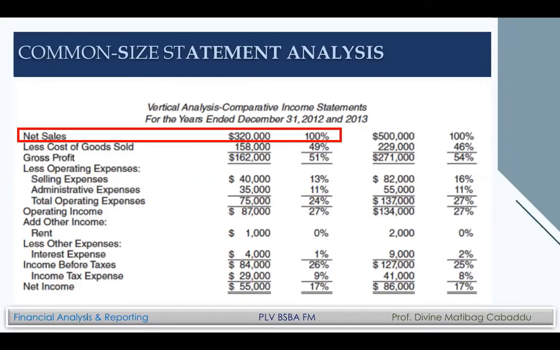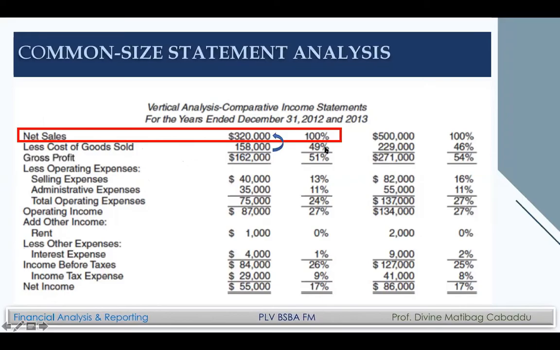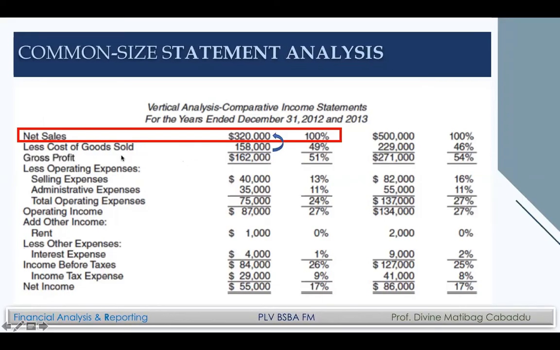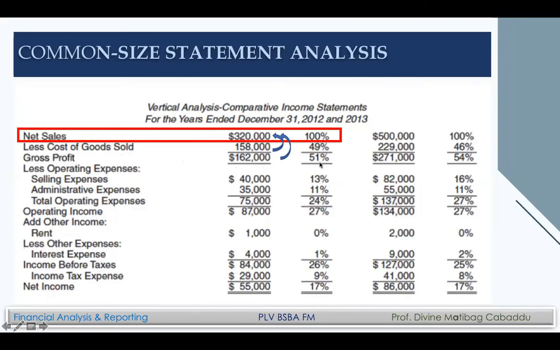What is the percentage of it? Okay? Yung net income mo, if you compare that doon sa net sales mo, magkano yan? Okay, ilang percentage yan? So to get the percentage of your cost of goods sold, 158,000 divided by 320,000, that's 49%. To get the percentage of your gross profit, 162,000 divided by 320,000, that's 51%.